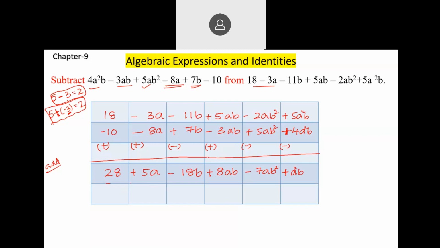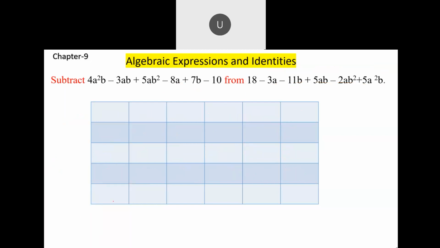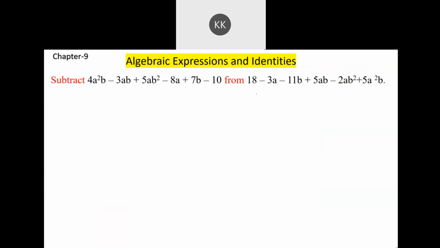This is a method. I told another method, you can write one beside the other. This 4a square b plus 5a square b has to be written one beside the other. Means first you write this expression followed by minus of that. Shall we solve in that method? Yes, sir. I'll erase this and go back. Let me write this expression first.